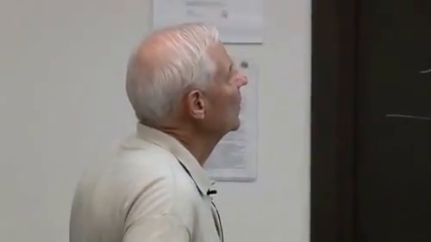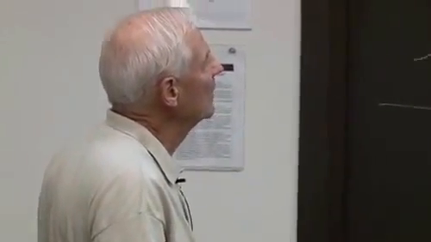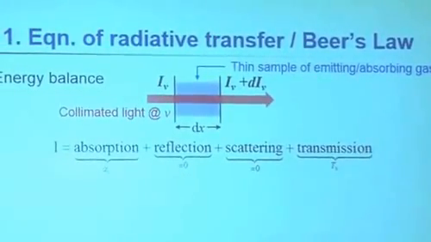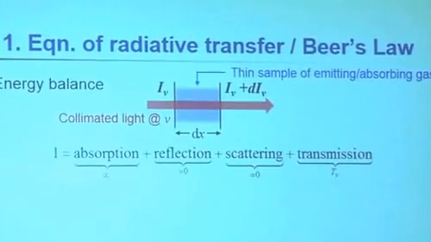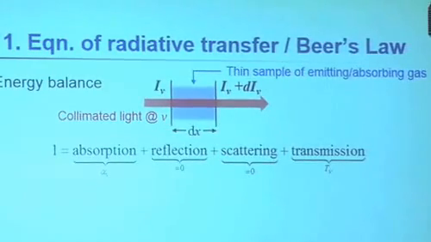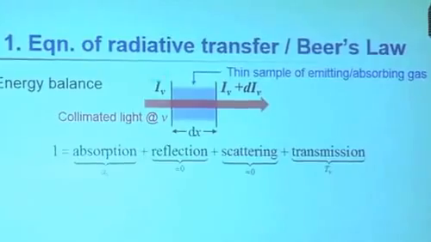So we're going to do kind of an energy balance. And we're going to imagine we have a collimated laser beam at a frequency nu and an intensity I sub nu, where that might be watts at frequency nu, or watts in the vicinity of nu, or watts per unit frequency, or watts per square centimeter. There's a lot of different interpretations of this intensity.